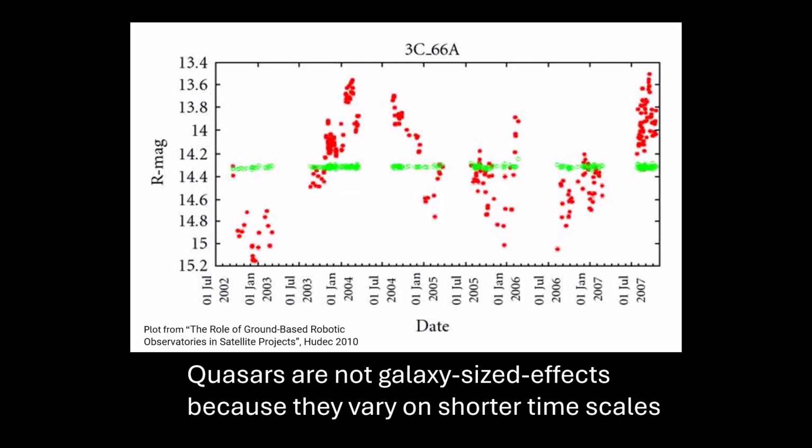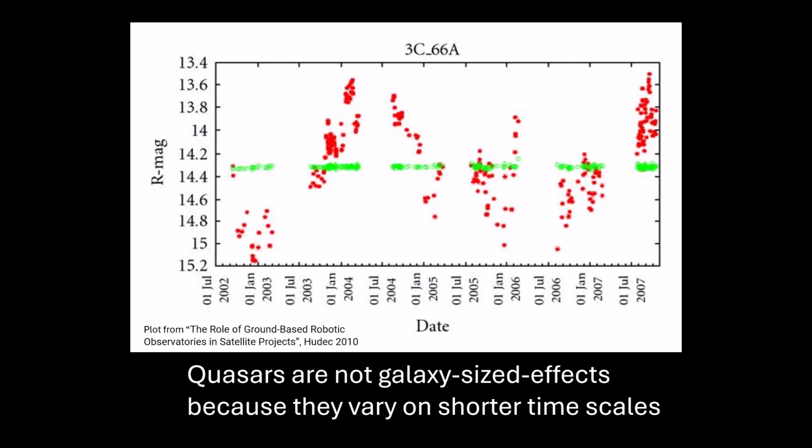But this is a light curve. Over time, we see the emission goes up and down by about 2 full magnitudes. So this gets close to about a 10 times difference in brightness. And for an object that's already this extremely bright, that we're seeing very far away, this can't be some galaxy-size effect.